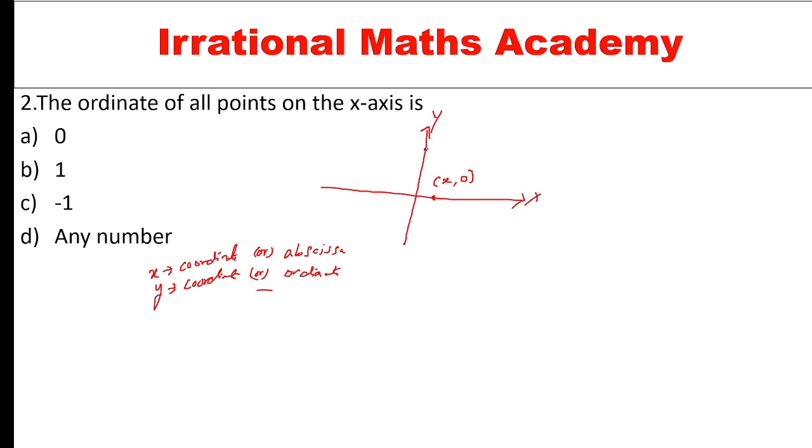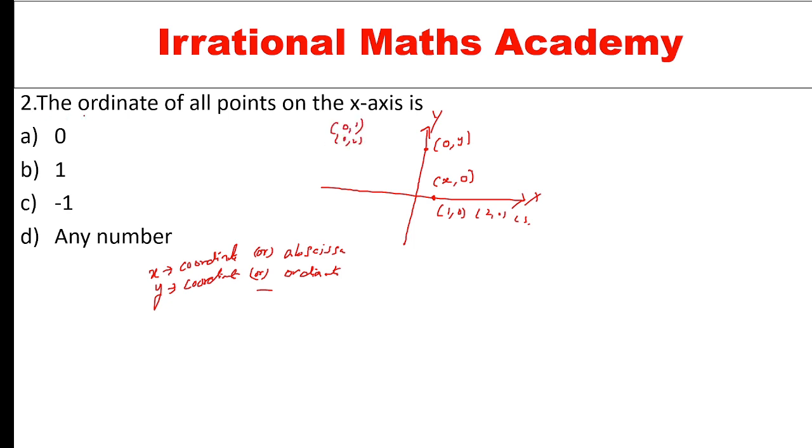On the y-axis, 0 comma y. On the x-axis, y coordinates are 0. On the y-axis, x coordinates are 0. In place of x, you can substitute anything. So on the x-axis you can get 1 comma 0, 2 comma 0, 3 comma 0. On the y-axis 0 comma 1, 0 comma 2.